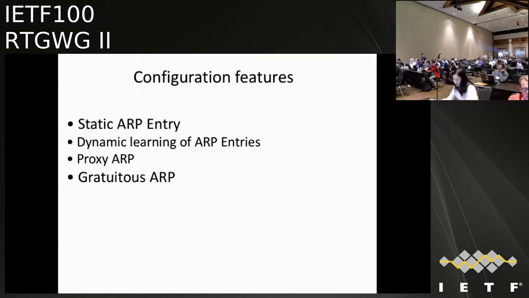The proxy ARP is enabled by default, so perform this task to disable the proxy ARP on an interface. And finally is the gratuitous ARP. It is a request to help detect duplicate IP addresses. So next page, please.